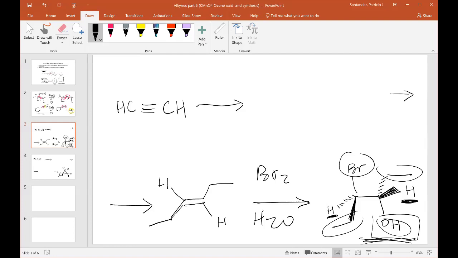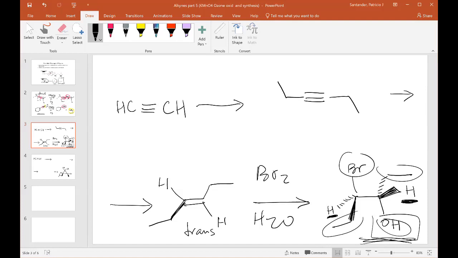So that should be my desired starting material, right? And now the question is, in order to get this alkene that is trans, what reduction method should I have used, right? So the starting material should look like this.